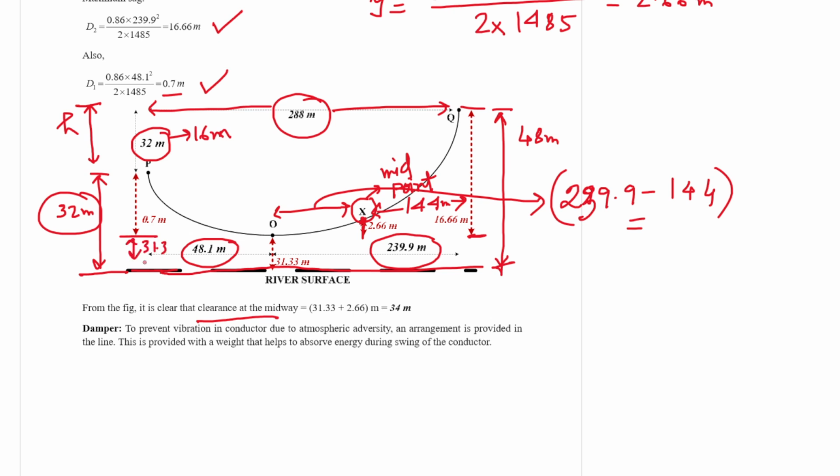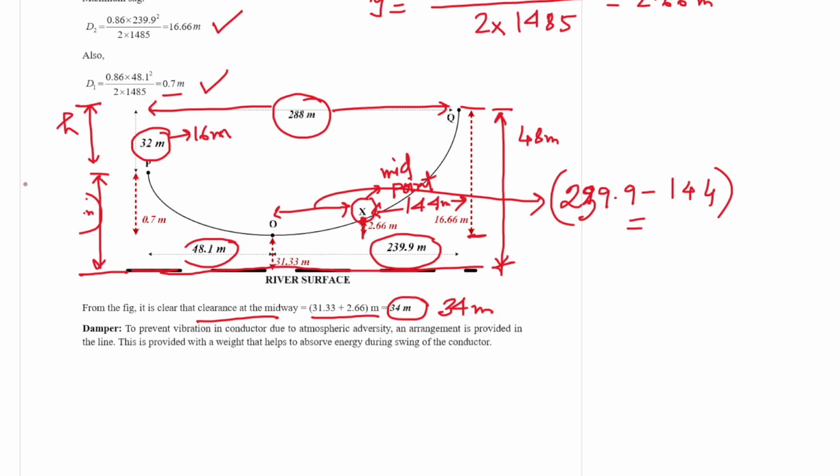So 31.3 plus this 2.66 is the minimum clearance at the midway. 31.33 plus 2.67 is equal to around 34 meters. I repeat, D1 is 0.7 meter obtained.